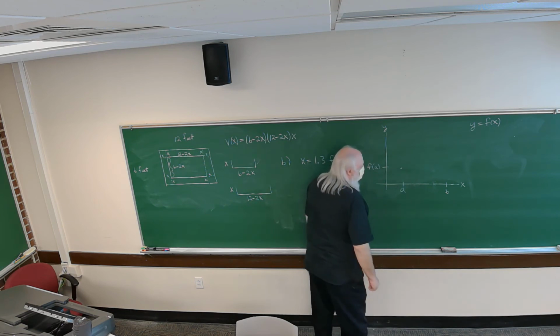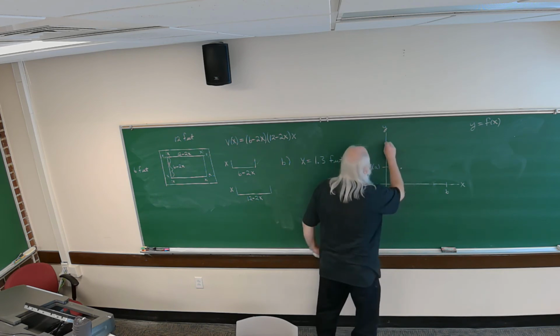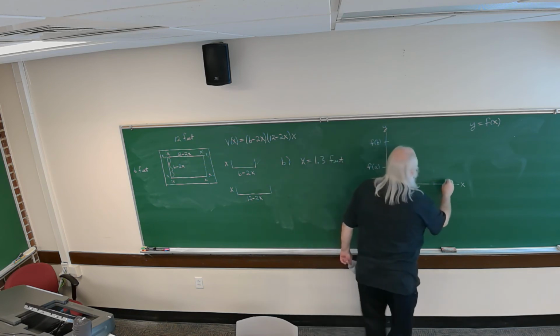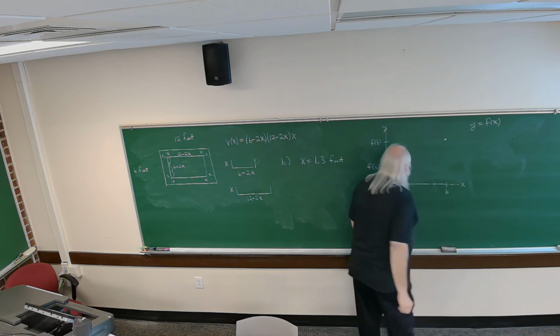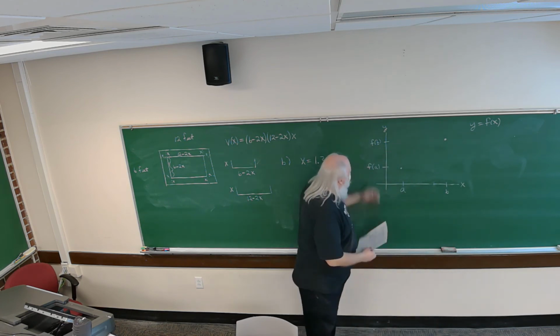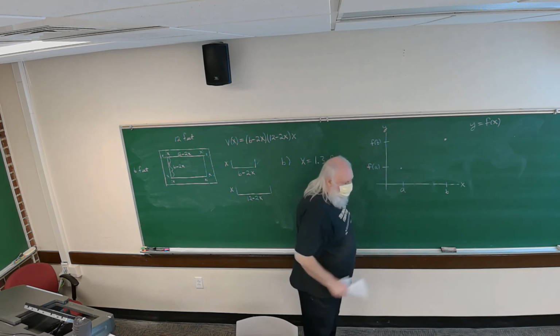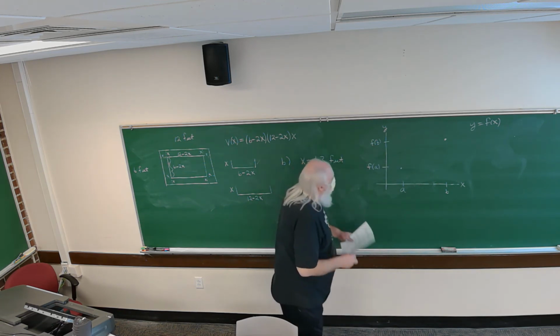The y value at x equals b is f of b. Now, the way I've drawn this, f of b is greater than f of a, but that doesn't have to be the case. They could be switched. I just have to draw them somewhere.